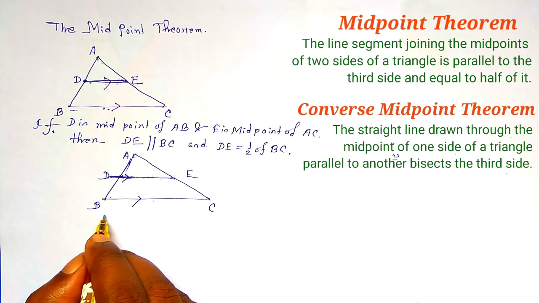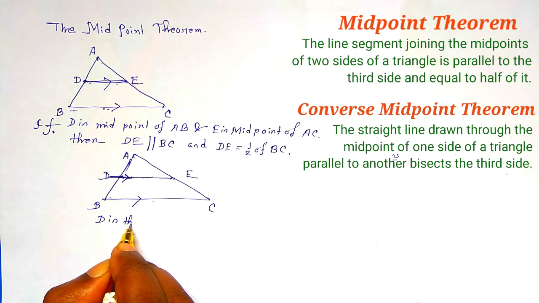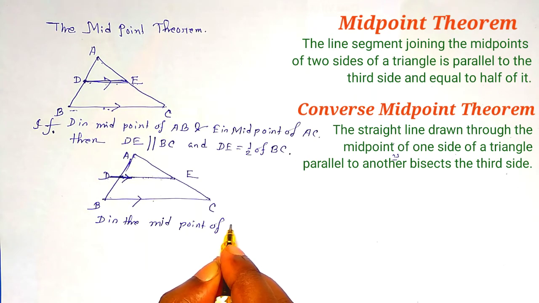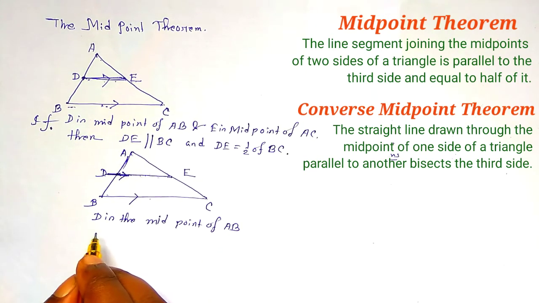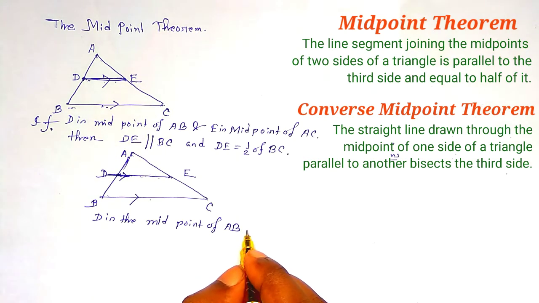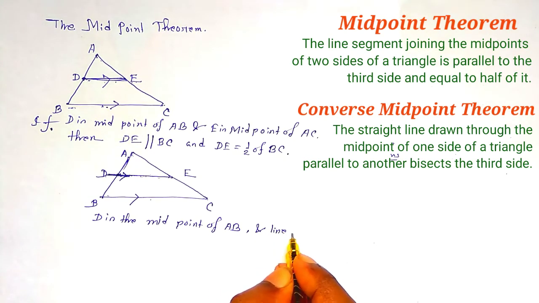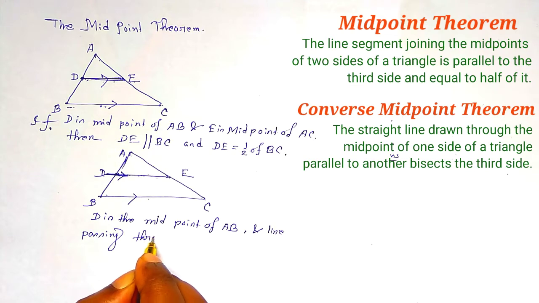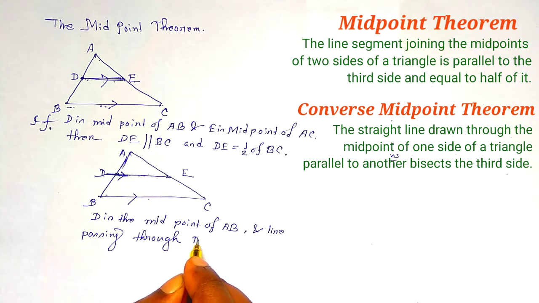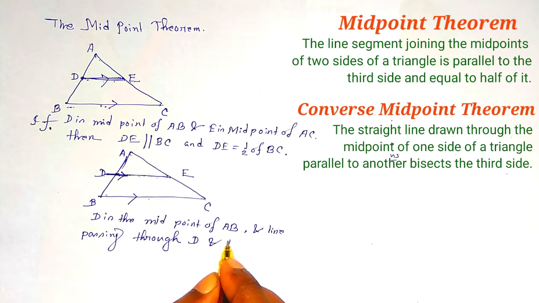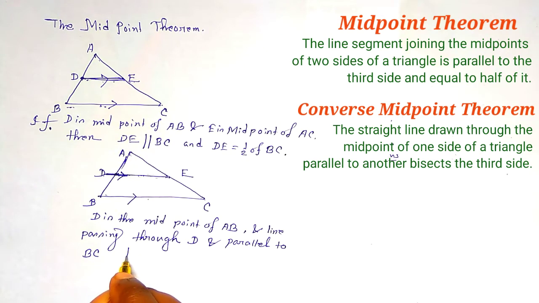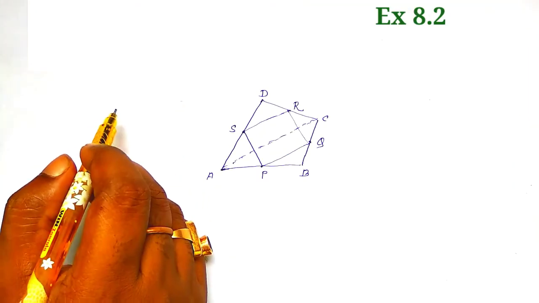So what we can write now? D is the midpoint of AB and the line passing through D and parallel to BC bisects AC. Now we will start exercise 8.2.